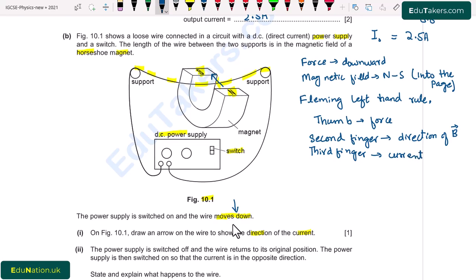So when we apply the Fleming left hand rule, I point my thumb in the direction of force and the second finger in the direction of magnetic field. Then the current flows from right to left. I write here, so in this way we can calculate the direction of current. And this arrow basically shows that current is flowing from right to left.